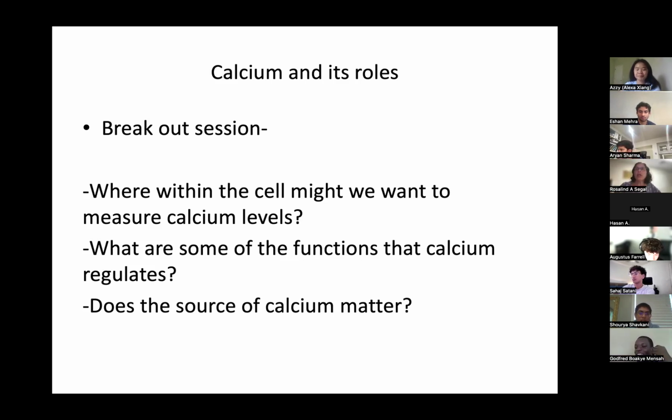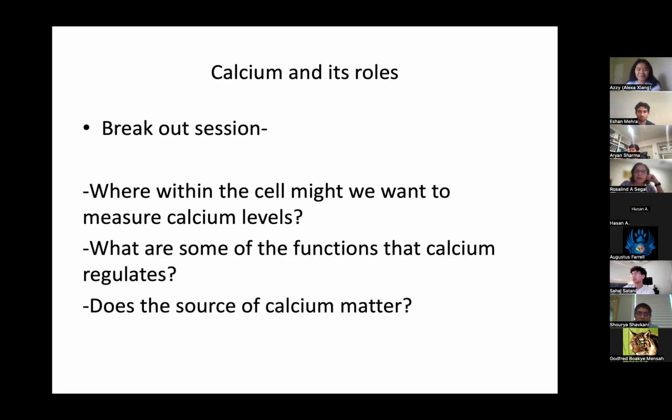We can also target it to the endoplasmic reticulum, to the nucleus, to the mitochondria, actually to the peroxisome too. And to the synapse, so lots of different places. And so you can measure it at distinct locations because of these wonderful genetically encoded calcium monitors. Okay. That's really interesting.